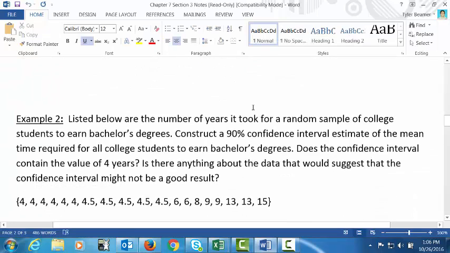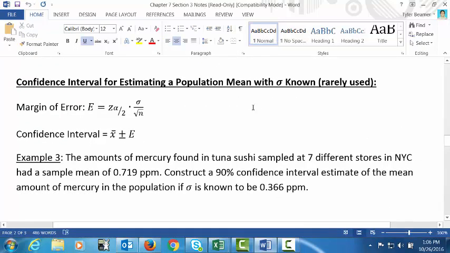So let me go to the example where you do know sigma. How do I construct a confidence interval for the population mean when sigma is known? The population mean is unknown, and sigma, the population standard deviation, is known, which is rare.